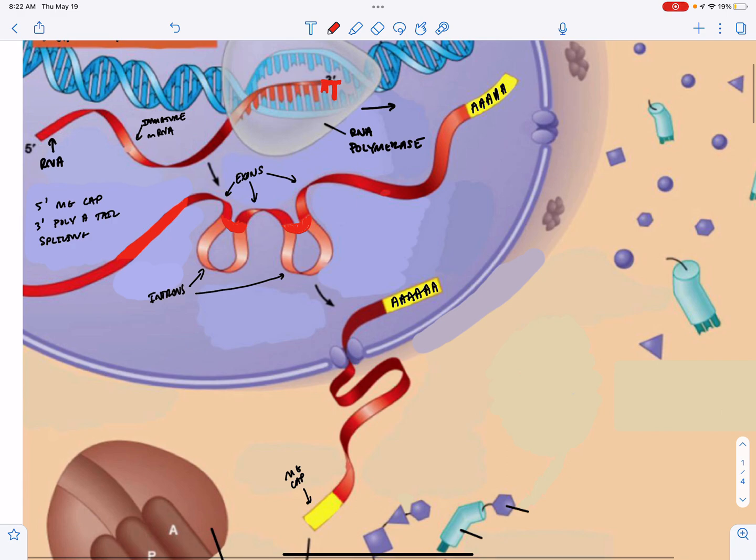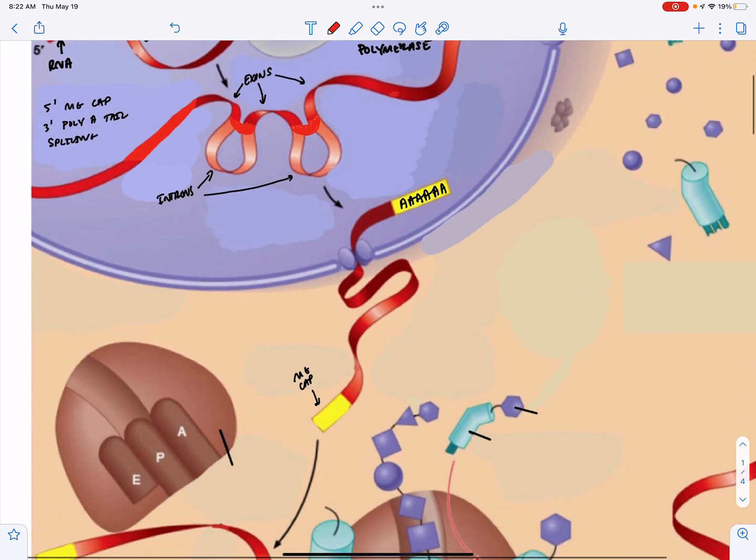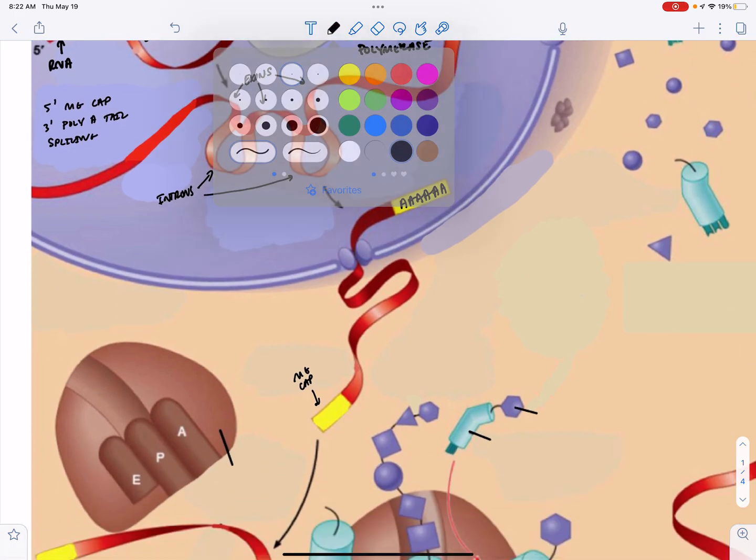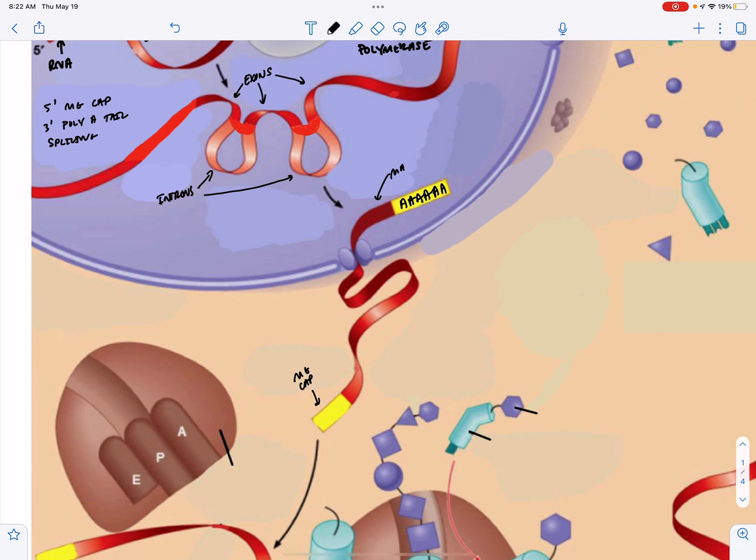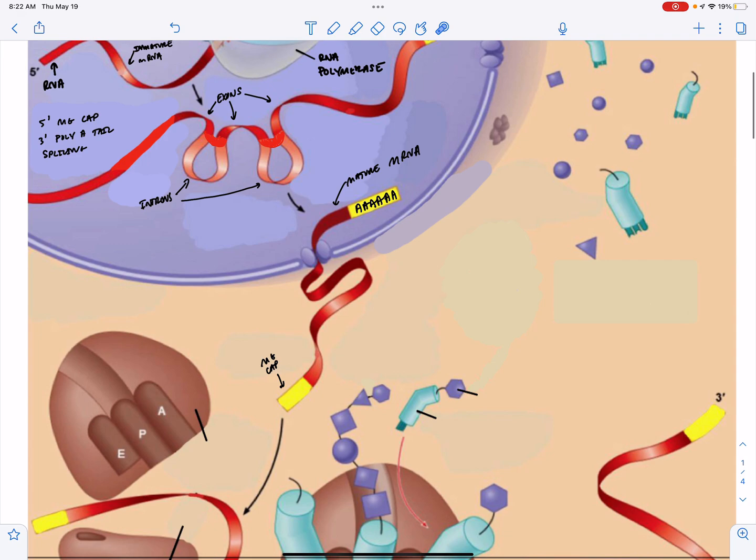So when the methylguanine cap has been added, the poly-A tail has been added, and the splicing has been completed, we now have a mature mRNA, which is going to leave the nucleus through a nuclear pore and end up in the cytoplasm.